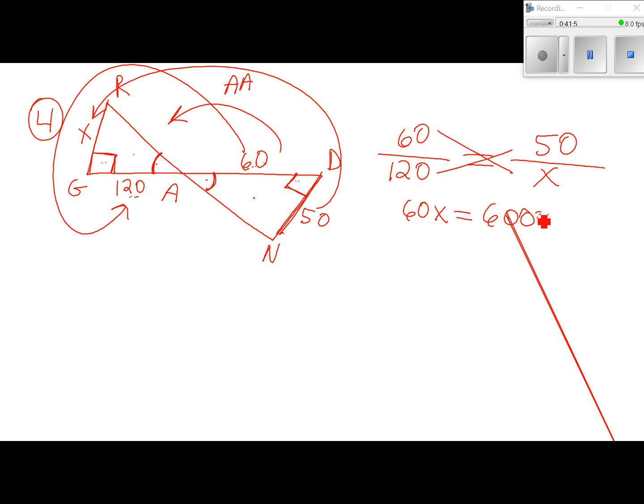But if you look at this and you see that, hey, this 60 is half as much as that 120, then it's got to be the same way over here. The 50 has to be half as much as whatever's on the bottom, or the bottom has to be double whatever the top is.